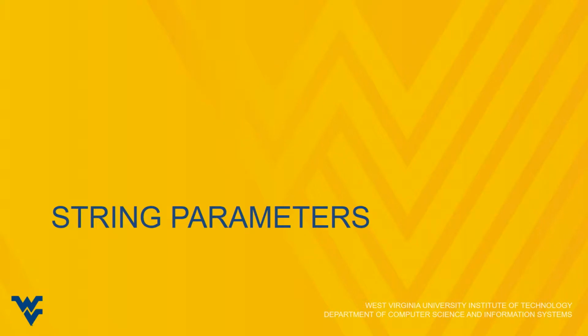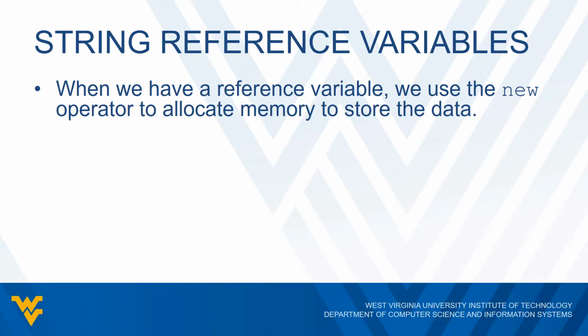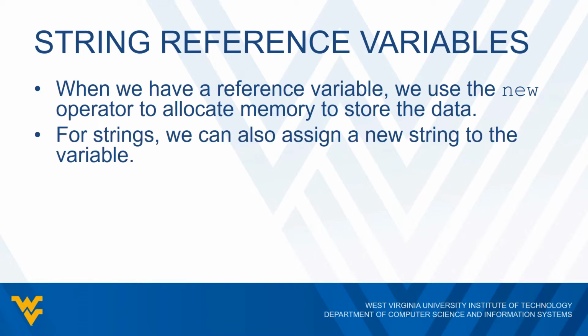We're now going to take a look at what happens when we use strings as parameters. Remember that when we have a reference variable, we use the new operator in order to allocate memory and then store the data for that object. For strings, this is also true, but we can also assign a new string to the variable and not just use the new operator.